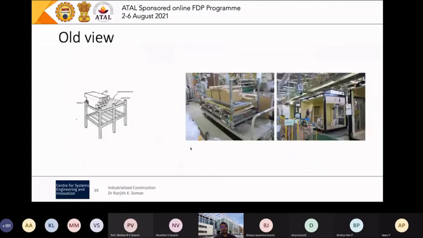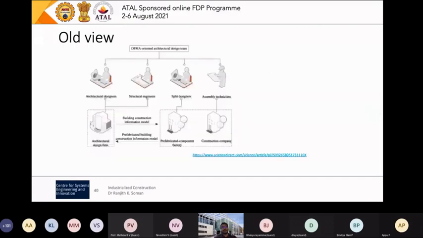First, we started with the idea of just prefabrication alone, where there is a structure and we just manufacture the building and place it on top. This was mostly the Japanese house building sector, all the way from the 80s. Then we thought about bringing customization. There's an architectural and structural designer, then there is a split designer.